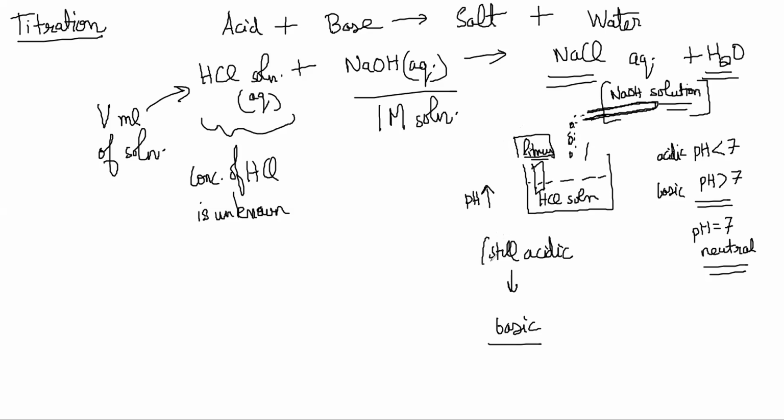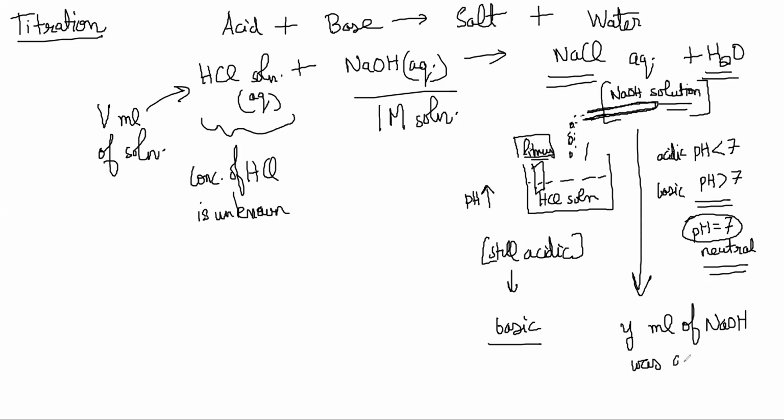So you have to keep track of that to a fine degree of precision, where just before it was acidic and now you added one drop, it has changed color. That means just now it has crossed pH 7. So now you know how much NaOH was added: y milliliters of NaOH when pH was 7.